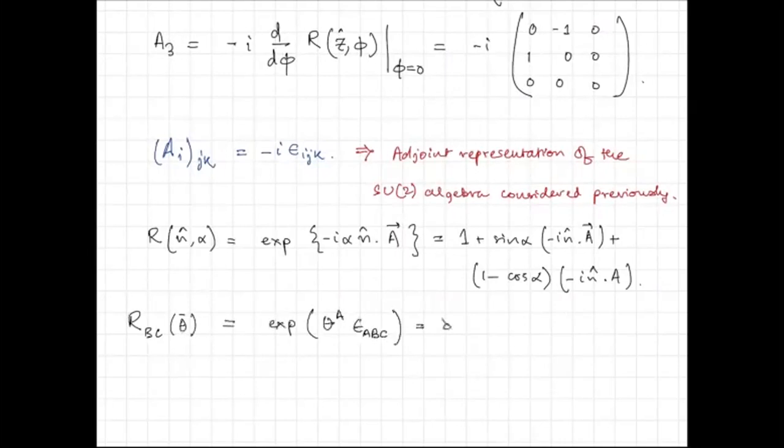So it's delta_BC cos theta, plus epsilon_BCA theta-hat_A sine theta, plus theta-hat_B theta-hat_C times 1 minus cos theta.